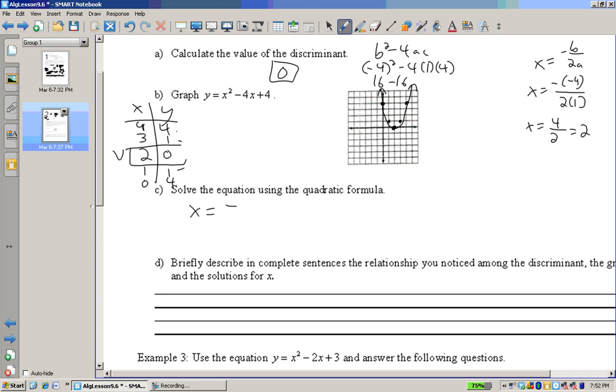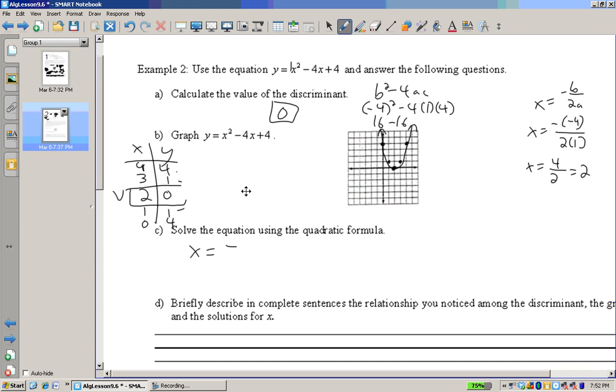X equals the opposite of b. Well, b is negative 4, so opposite of negative 4, plus or minus the square root of b squared minus 4 times a, which is 1, times c, which is 4, all over 2 times a.